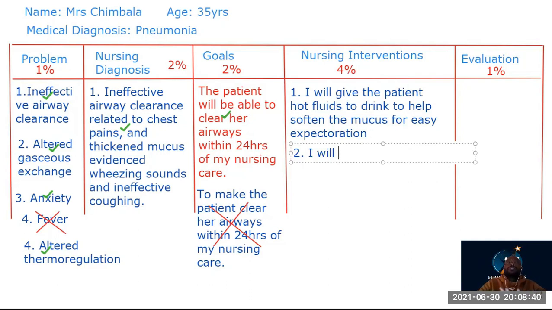But let me think of a better intervention that I will carry out here. Apart from that, there is some medication you can give to this patient to help relax the muscles. Some muscle relaxants you can give.